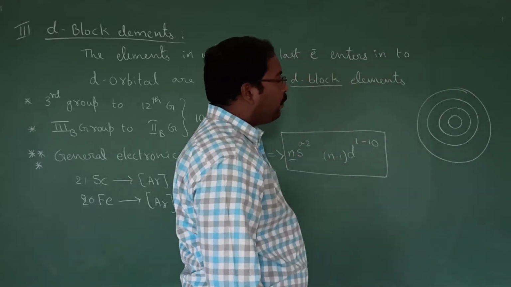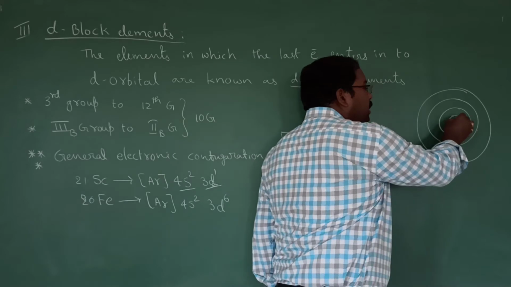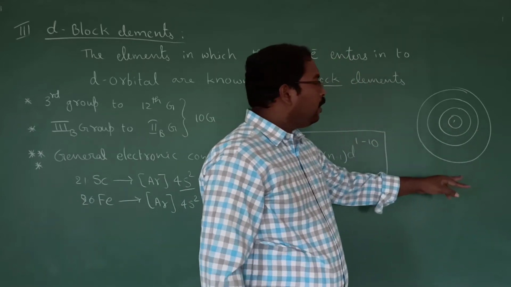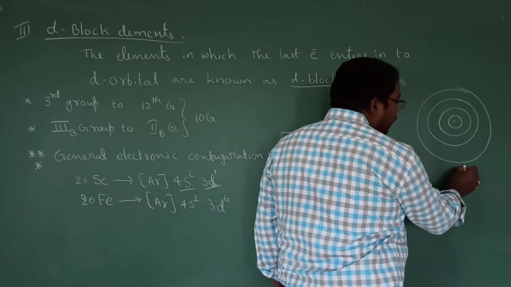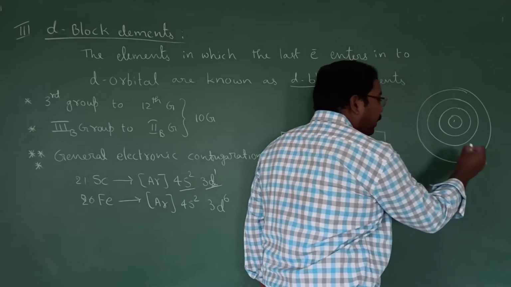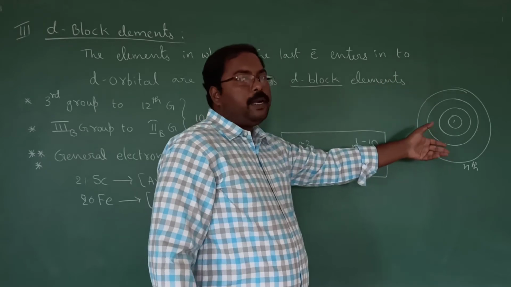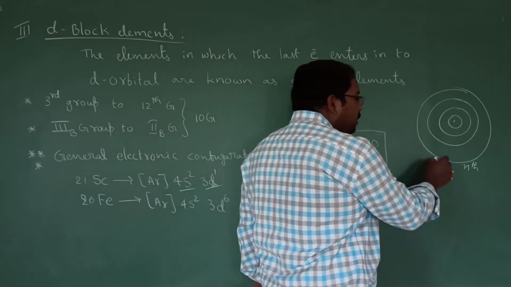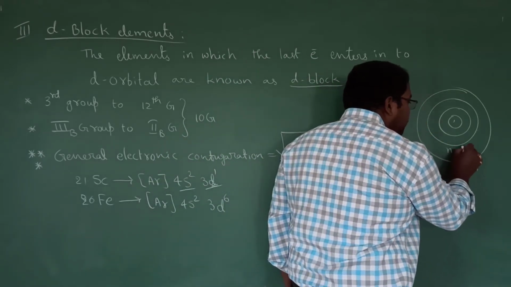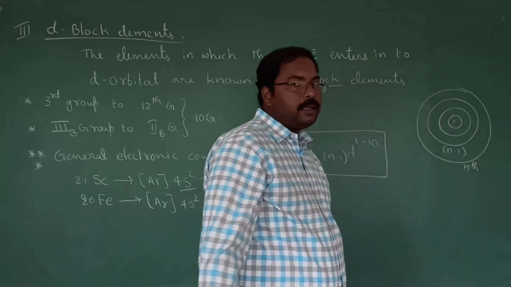For example, this is the center of the nucleus and we have 4 orbits. This last orbit is the nth orbit. What will be the next orbit from the last? So this is the n minus 1th orbit. Okay?